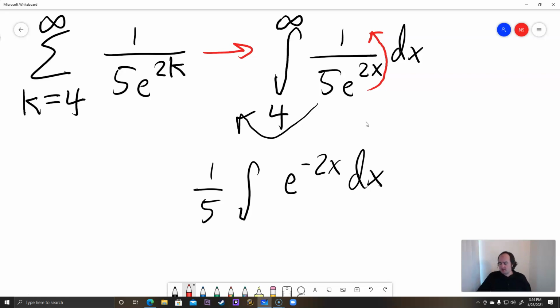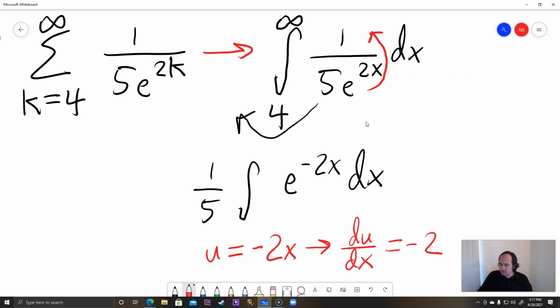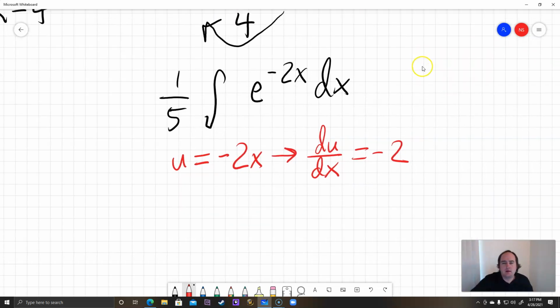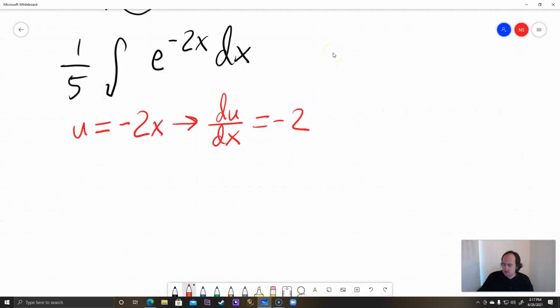Okay, and then here I can just do u substitution. So I'm going to let u equal the inside of my composite function. So here u is going to equal negative 2x, which means du dx equals negative 2. And that means du over negative 2 equals dx.